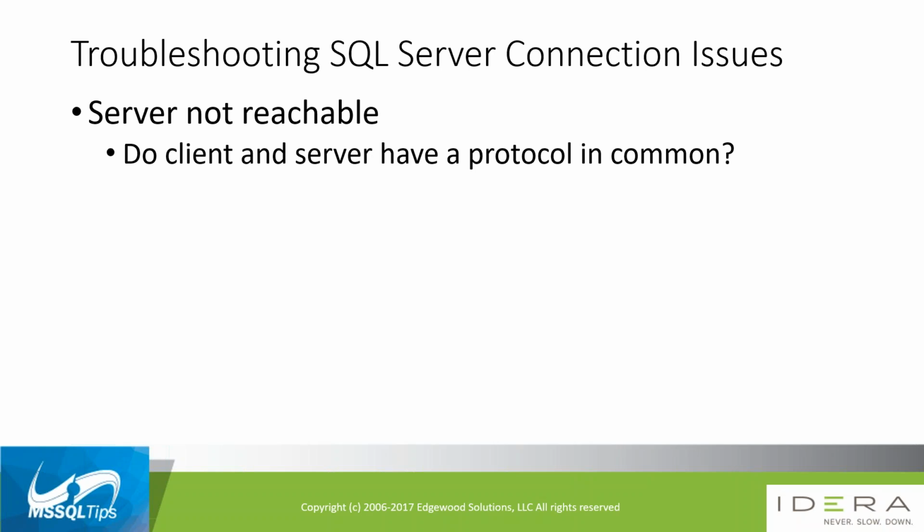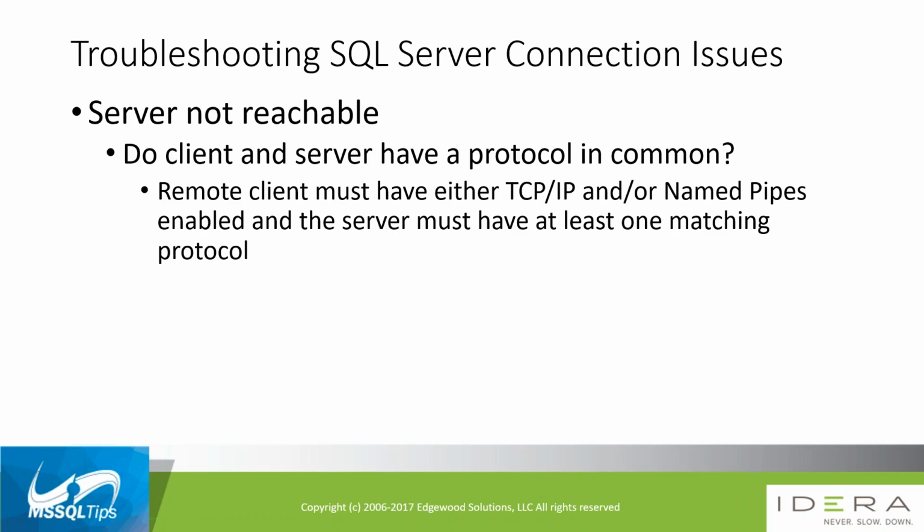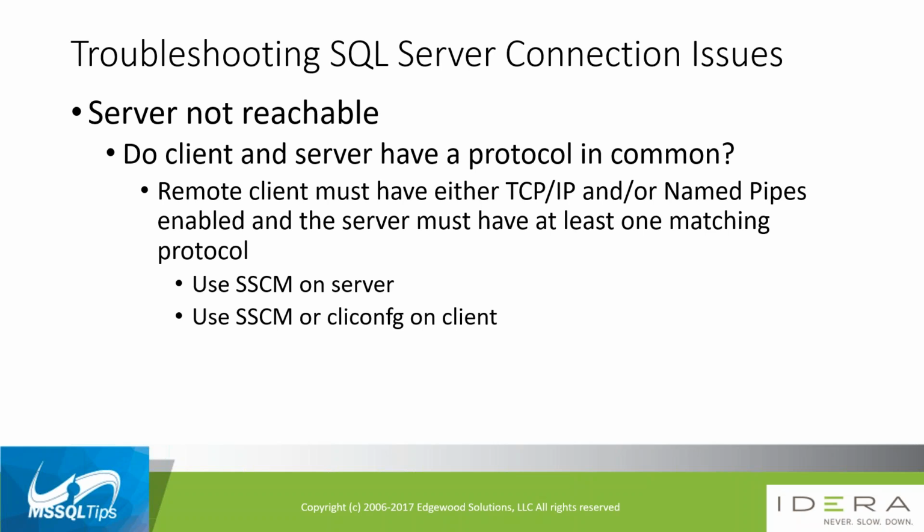The protocols that the client and the server have in common are very important as well. The remote client must have either TCP/IP or named pipes, or both, enabled. And then the server must have at least one matching protocol. So use SQL Server Configuration Manager on the server to see what protocols are enabled on the server.